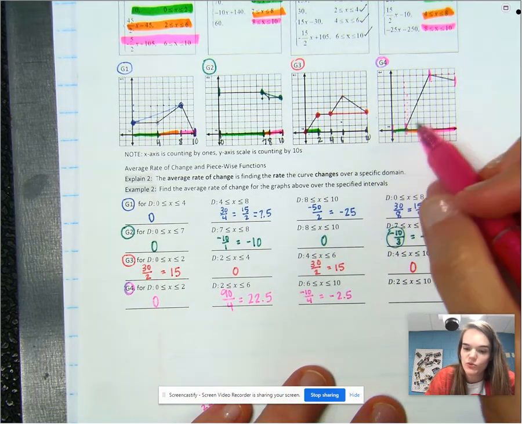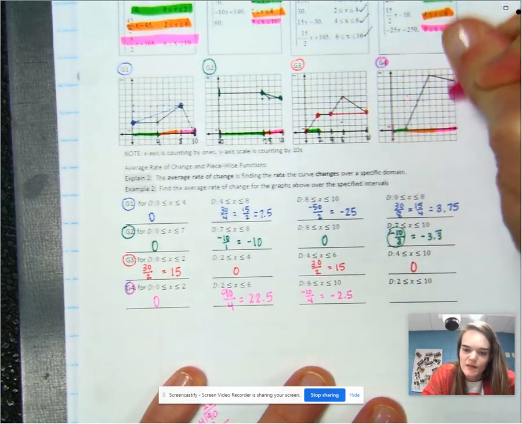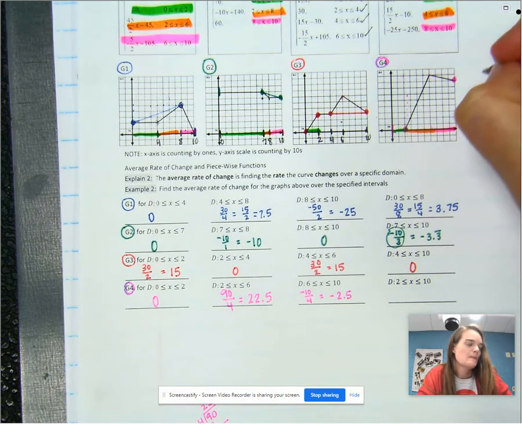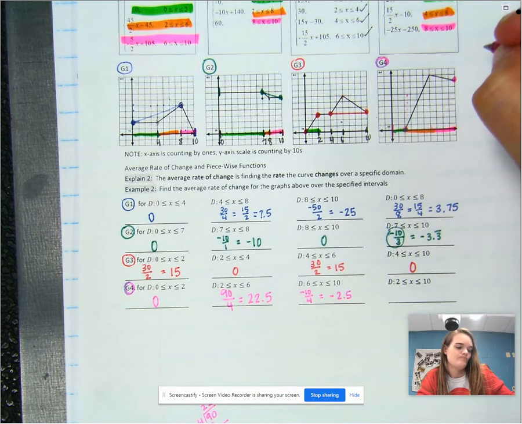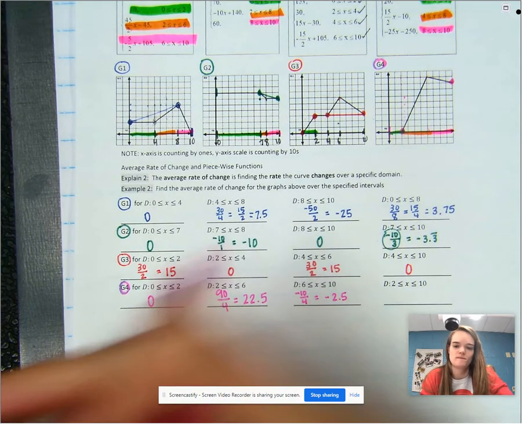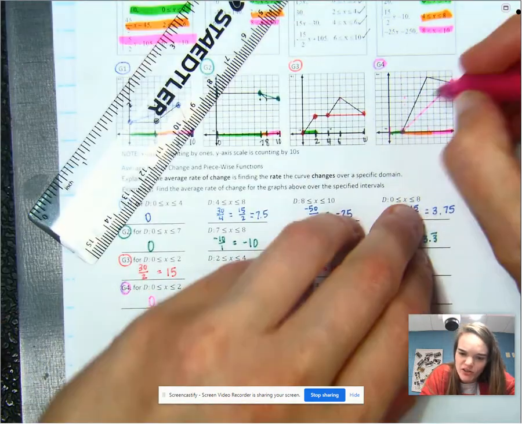Okay, and last 2 to 10. So from 2 to 10, how did that change?